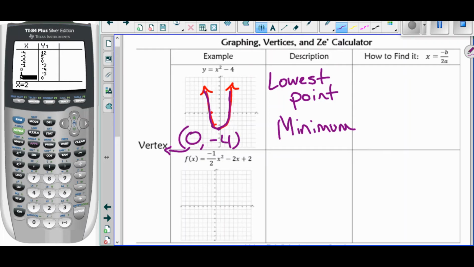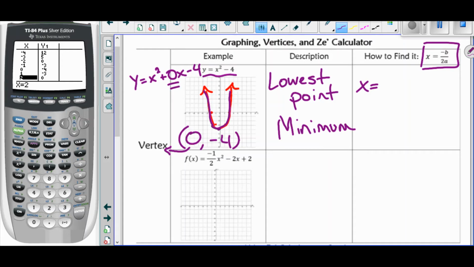If we want to find that without a graph, if we want to find it just algebraically, we can use that equation. The x value is described by -b divided by 2a. So here, in that equation, I'm going to write this a little bit differently. y equals x squared. There is no b, so I'm going to write that as plus 0x minus 4.